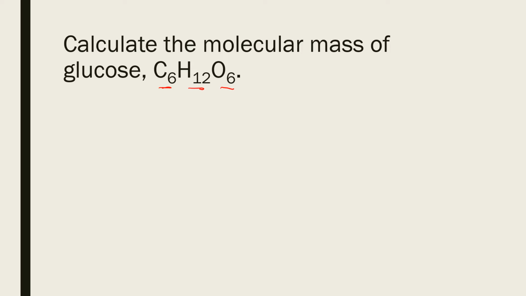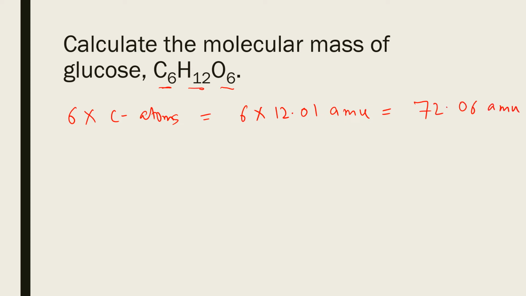Because we have 6 carbon atoms, 6 times the atomic mass of carbon will come out to be 72.06 AMU.